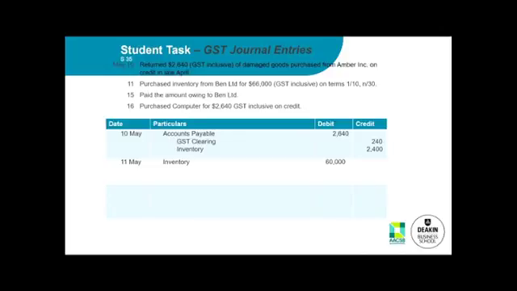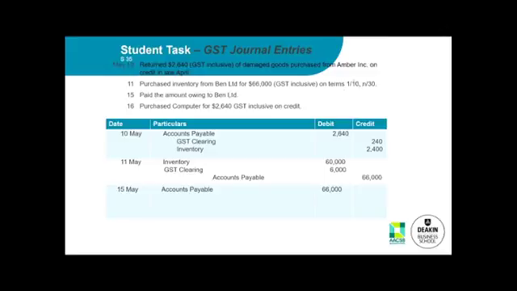The 11th, we had more purchases, including GST, so the GST works out to be 6,000, and we credit our accounts payable with the full amount. On the 15th, we paid the amount owing to Ben, so we paid it within 4 days.